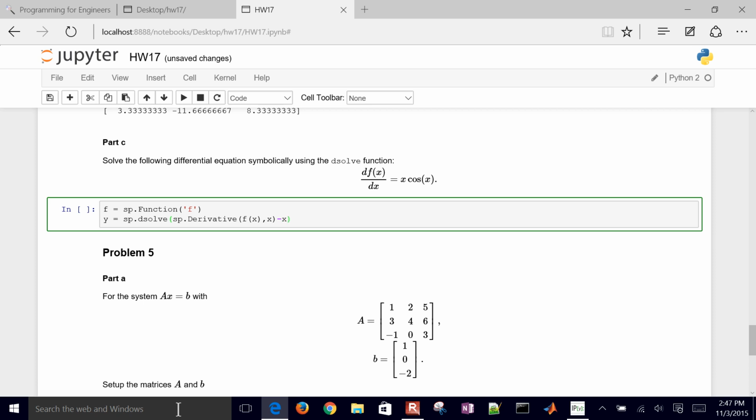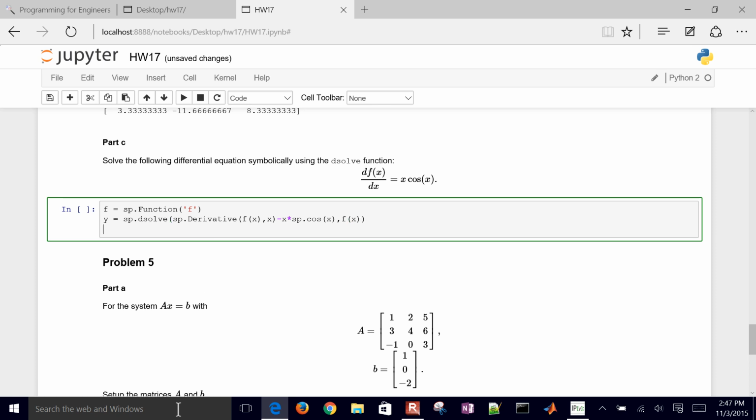So then I have x times sp.cos of x. Okay, so there's my differential equation, and then I'm going to solve for f of x.